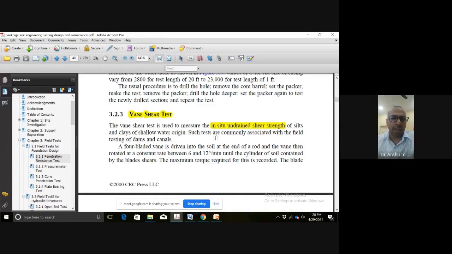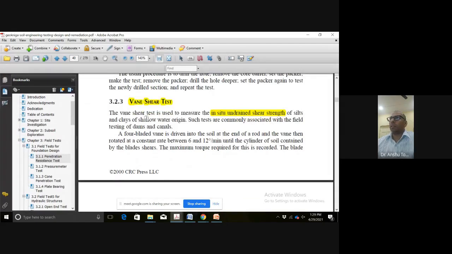That is the horizontal acceleration. So the shear strength of the soil becomes dominant in evaluating the response of the soil as well as the response of the structure. That is why the shear strength of the soil is very important. So vane shear test is used for that purpose. From here onwards, we will discuss in the next lecture.